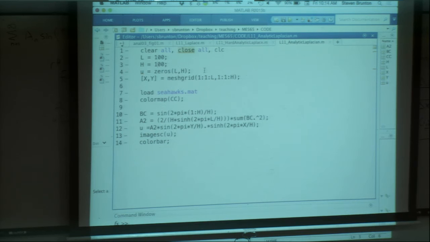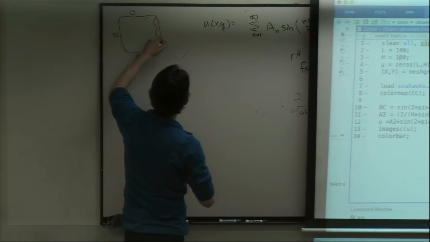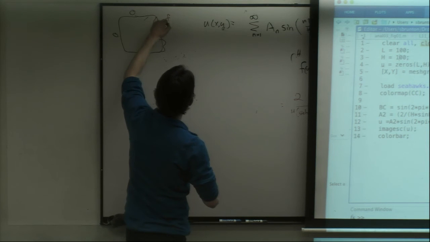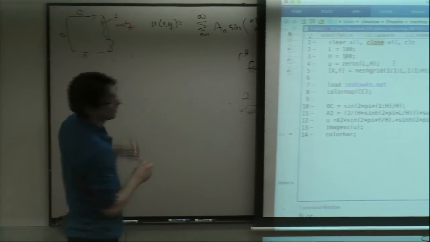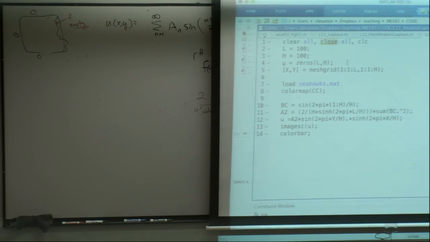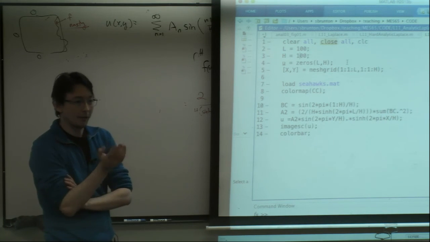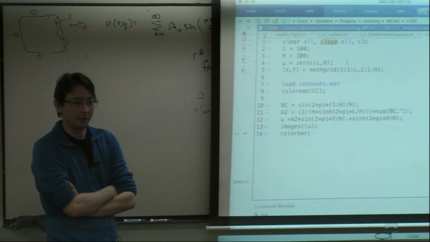What if I had a nastier boundary condition that wasn't just a nice sine? Then what would we do? What if f of y was not a nice single sine wave?